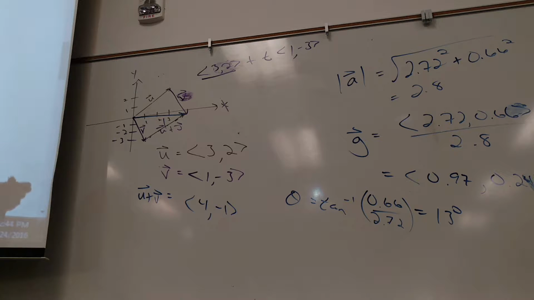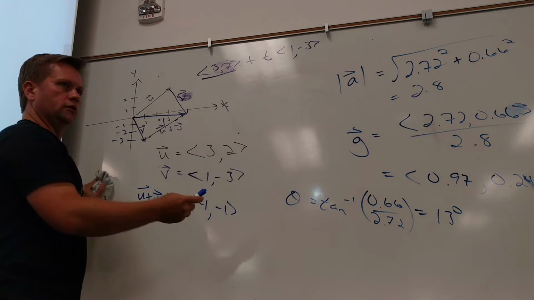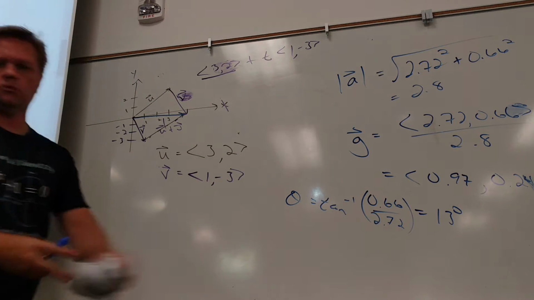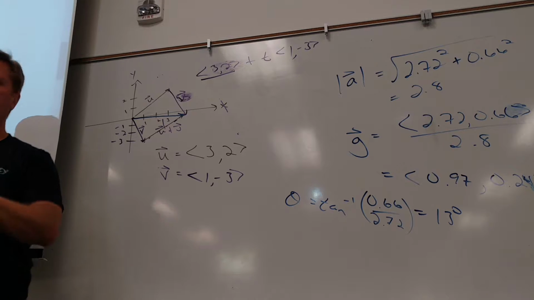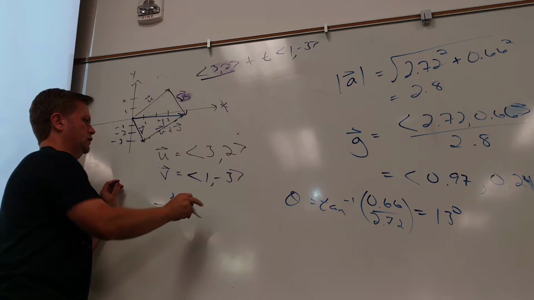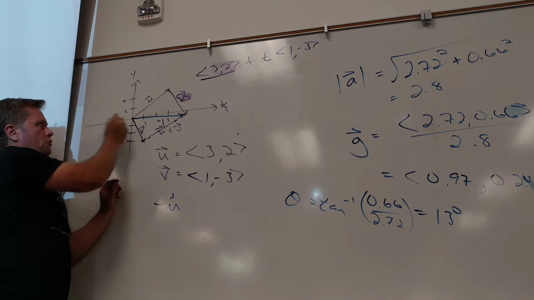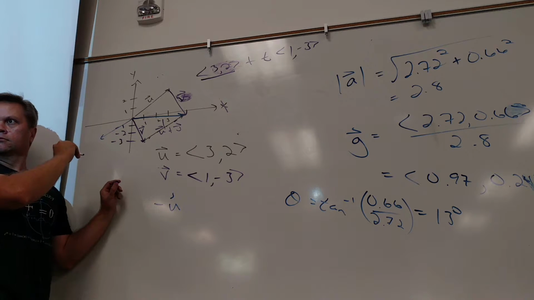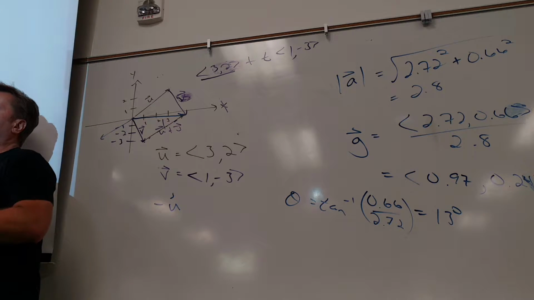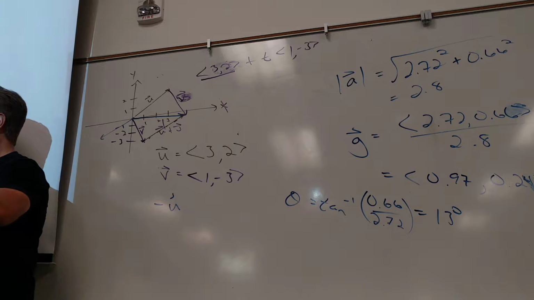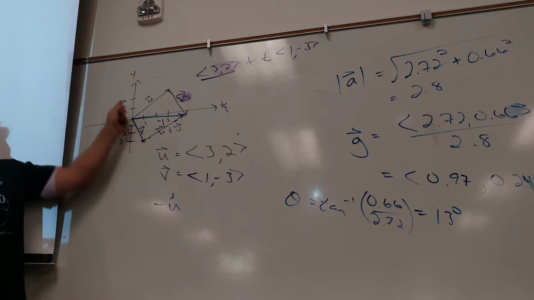So if 2u is twice as long as u, what would negative u be? Just the opposite direction. How long would it be? Same length, just pointing in the opposite direction. Here's u, negative u would point this way. So if I wanted to do u minus v, I would do u plus negative v.